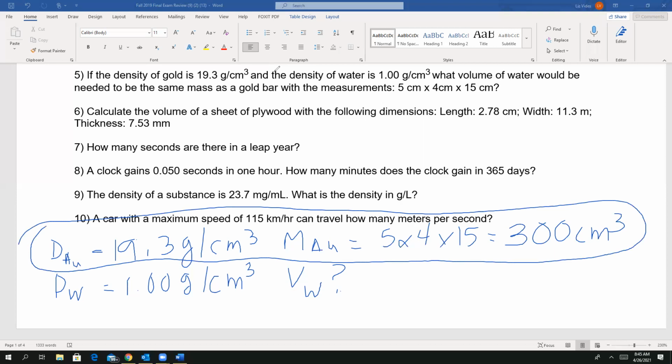So remember, density is equal to mass over volume. Remember our little triangle? I'm just going to use the triangle. We want volume, so it's mass over density.